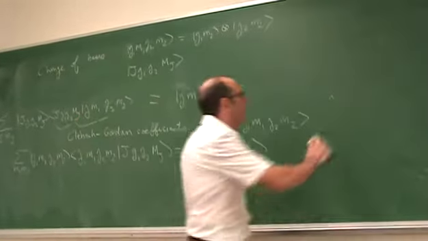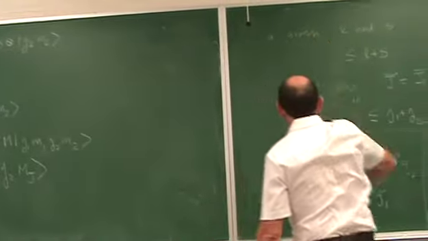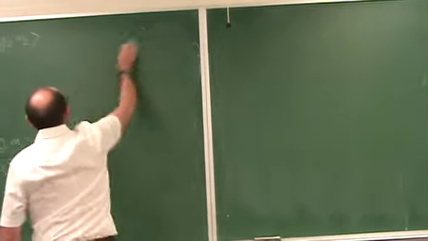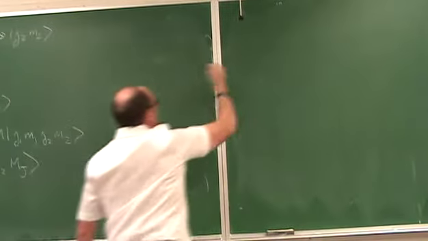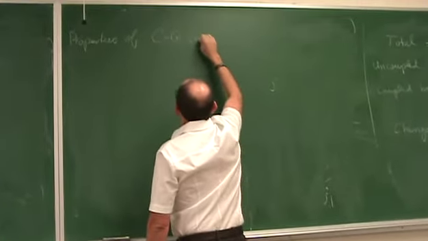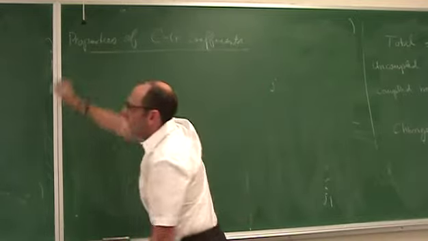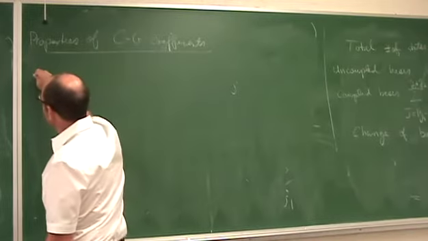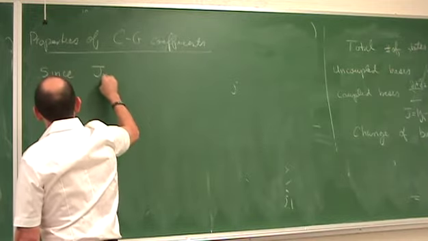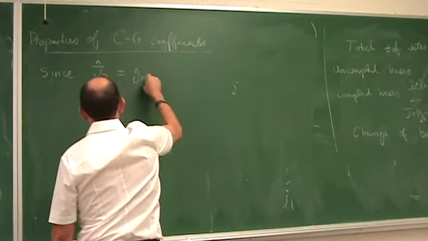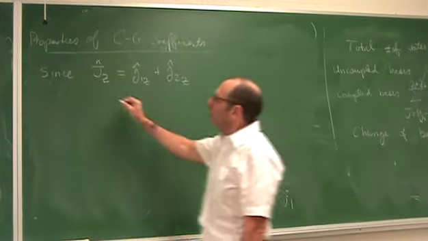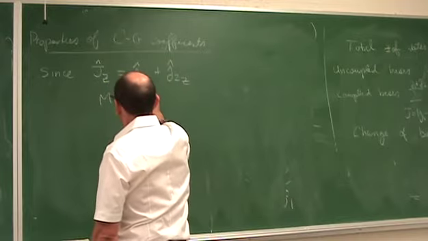They show up everywhere in atomic physics, so let's review a few things about them. Conversely, since the total J projection is the sum of the projections of the individual J's, we know that M has to equal M1 plus M2.